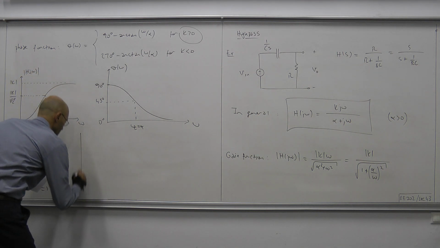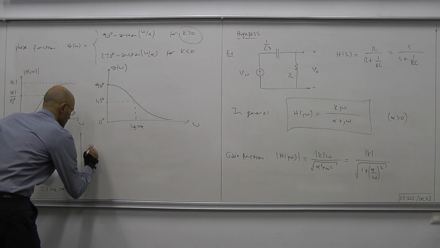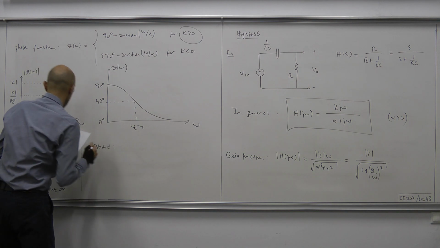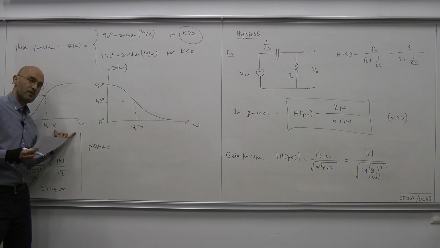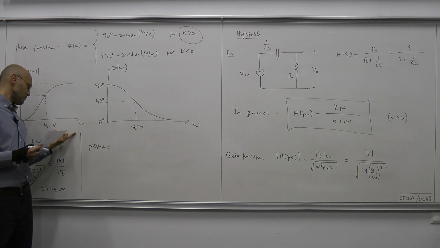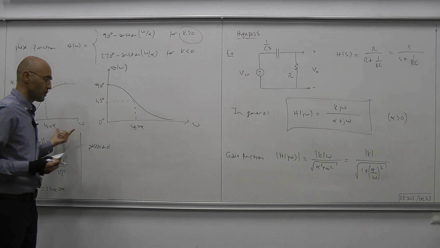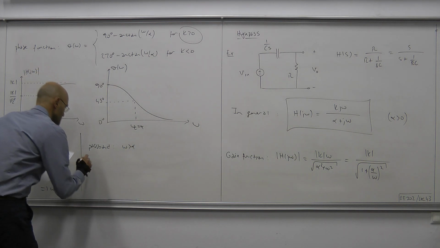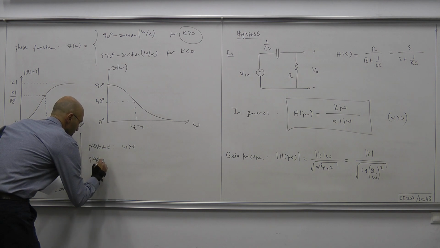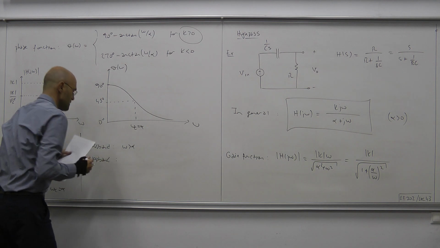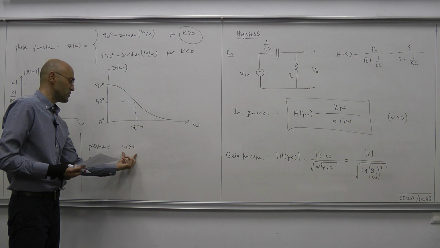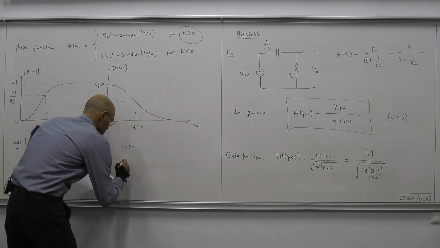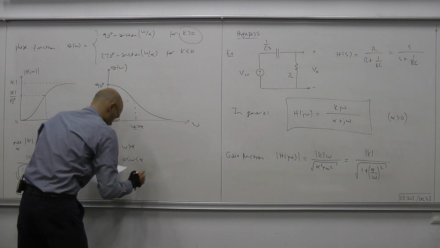Okay. So once again, what we have obtained is that the passband is the range of frequencies for which omega is larger than alpha. Omega larger than alpha. Stop band is what remains when you take those frequencies outside. So 0 to omega less than alpha.